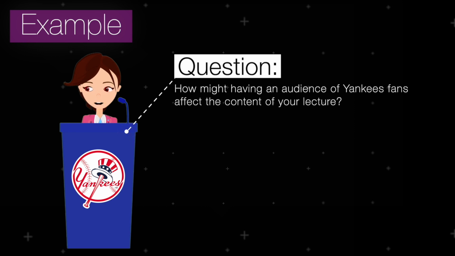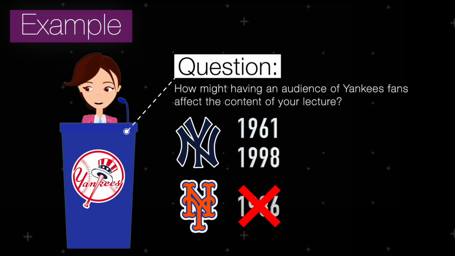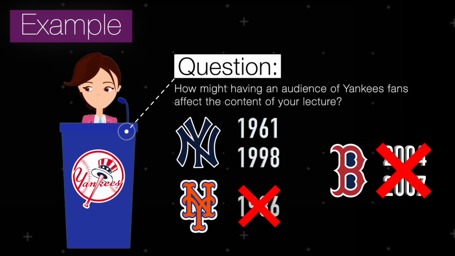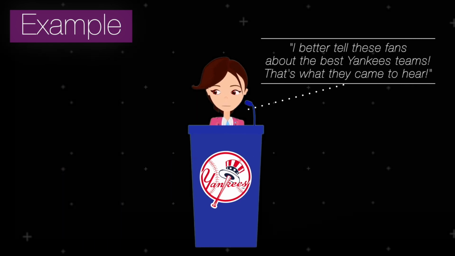Most likely, you'd be mentioning the 1961 and 1998 Yankees teams, and not the 1986 Mets, and certainly not the 2004 or 2007 Red Sox. If you did mention those other teams, you'd be booed right off the field, and that's probably something you'd like to avoid. As the speaker, you probably want to tell your audience what they want to hear, or at least avoid making them too upset.